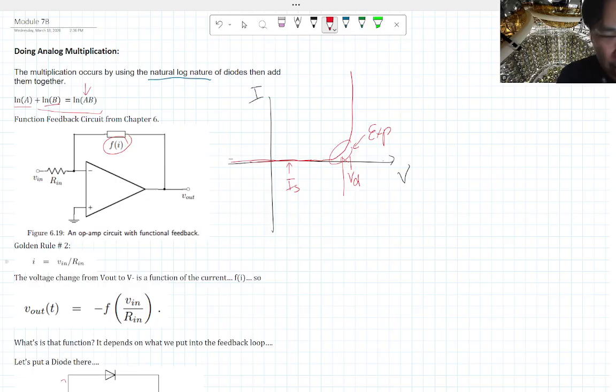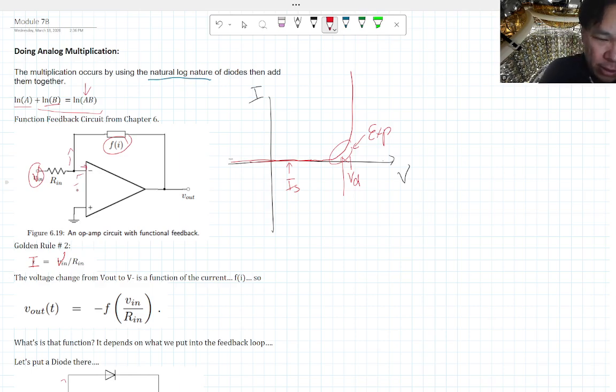Okay. Remember that for this circuit, using the golden rule, with big I and big V here, the current you get is proportional to whatever Vn is divided by Rn, because that's the resistor, and the current cannot travel through here. It can only go through the feedback loop.